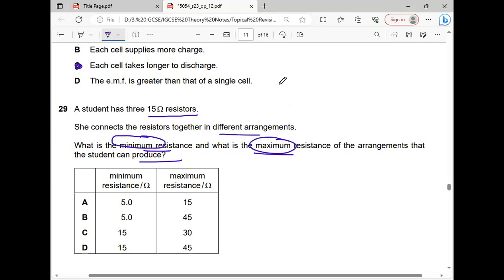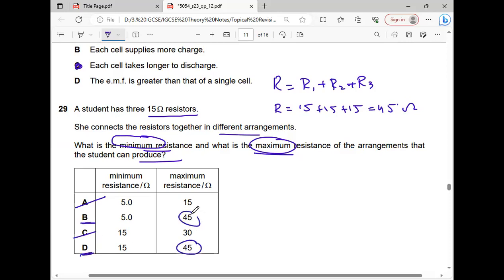We know that in series combination, the formula is R1 plus R2 plus R3. 15 plus 15 plus 15 is equal to 45 ohm. And in series combination, resistance is always maximum, so this option and this option are eliminated. Now we have B and D since both have 45.